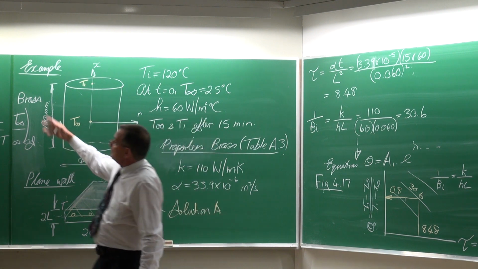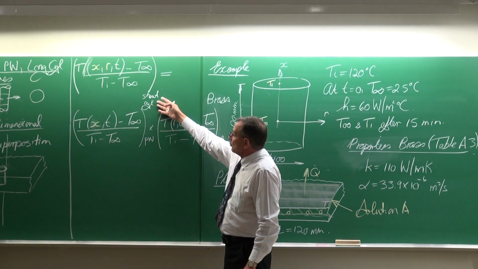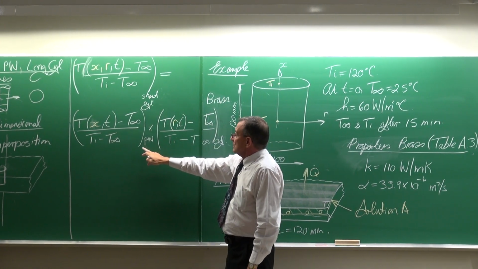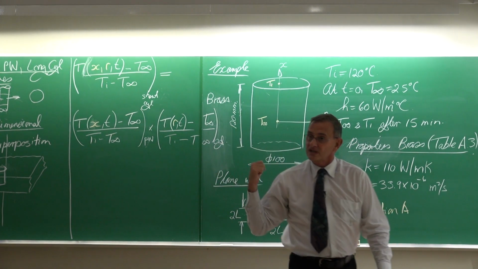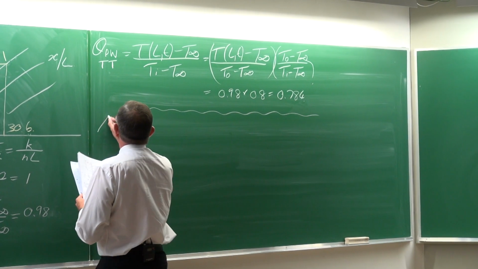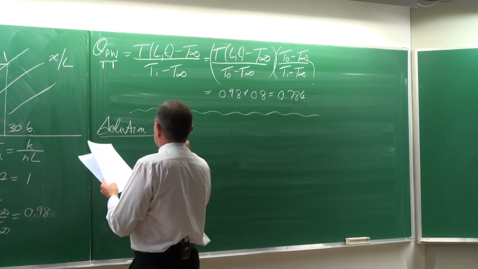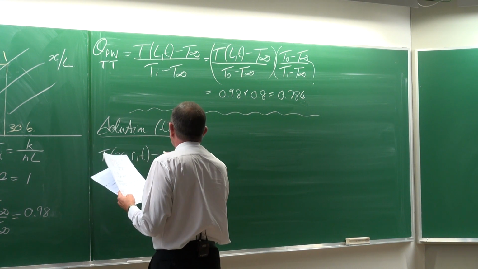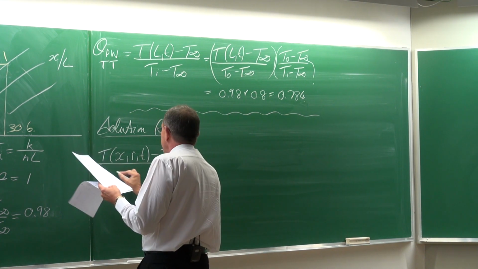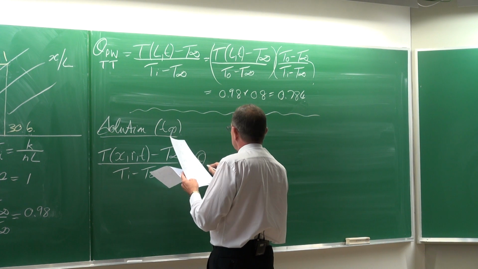Now, in terms of the superposition, if we want to have the solution for a short cylinder, then we need the solution for the plane wall at this level multiplied by that of the cylinder, which we've already done. So in terms of the solution for the top, you can say that the temperature, which is a function of x, r, and t, minus T infinite divided by Ti minus T infinite is equal to the non-dimensionalized temperature for the plane wall.